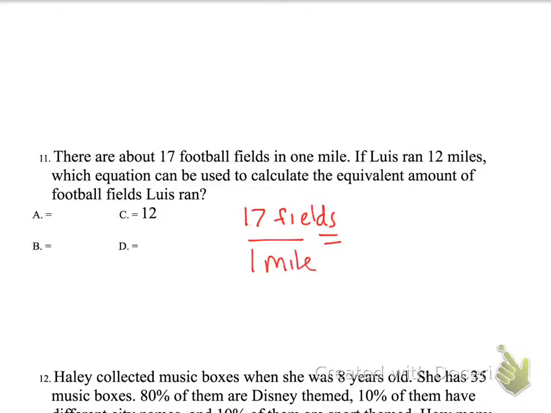So that's my conversion rate. That's one of my ratios. If Lewis ran 12 miles, 12 miles goes on bottom with 1 mile. And then I don't know my top. So this could be the proportion I could set up in order to solve this equation.